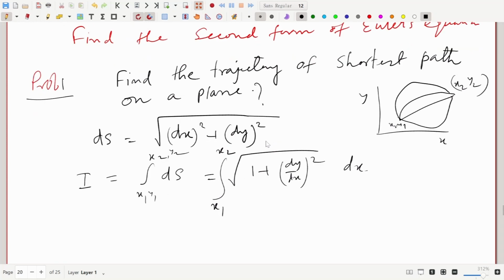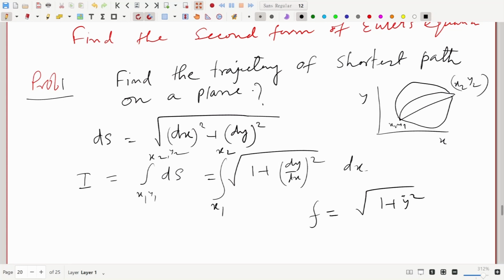Now we will see that, analogous to our earlier discussion, the f function here is just the square root of 1 plus y dot squared, because y dot is dy/dx.